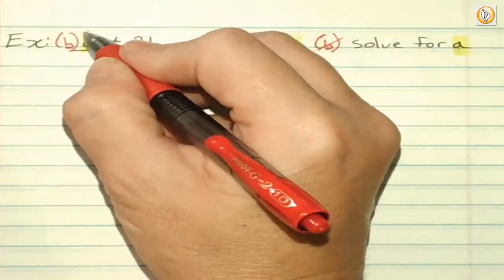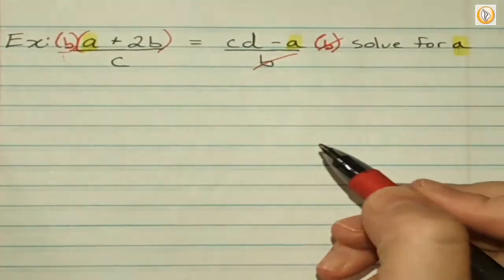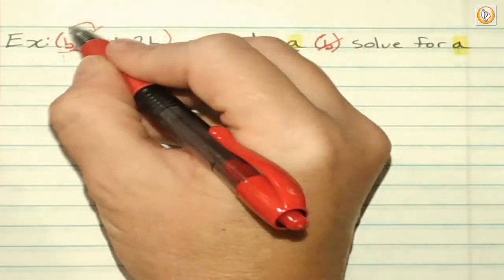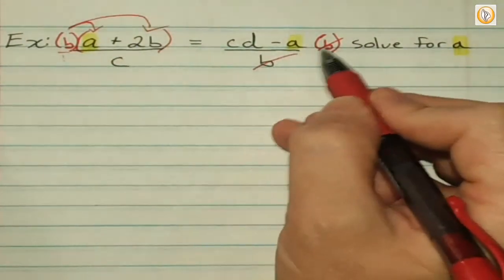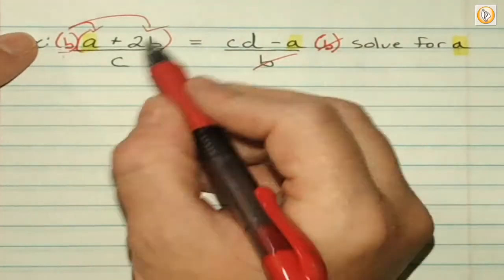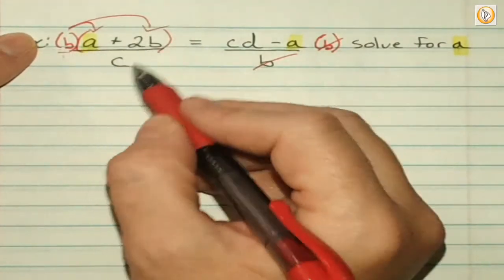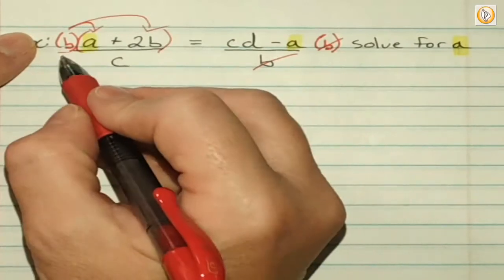That B is being multiplied with everything up here because it's like B over 1, right? So it's distributive property. Look what we're doing. B is being multiplied on both sides. This B is being multiplied by the whole thing, the top part, because it's like B over 1.